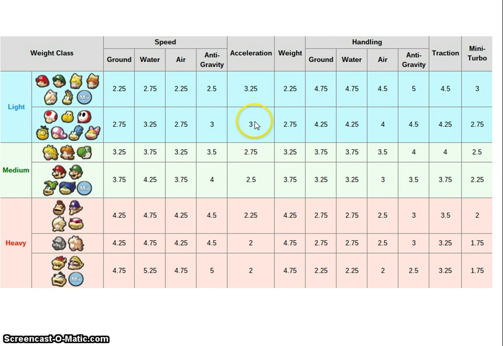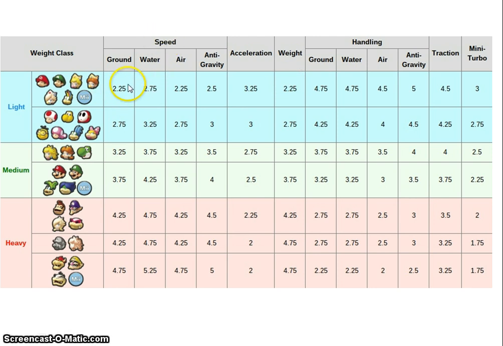Light characters are really, really good at acceleration and really, really good at handling, basically maneuvering. If you look at their handling, they're very, very high numbers. However, they're not very good at speed.